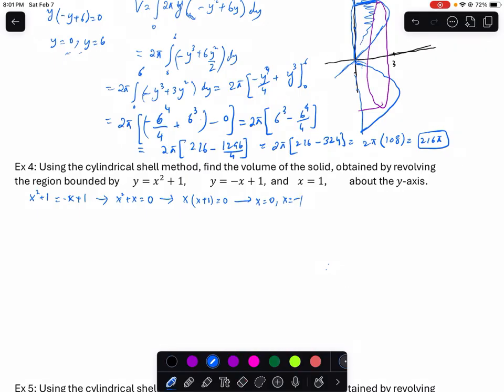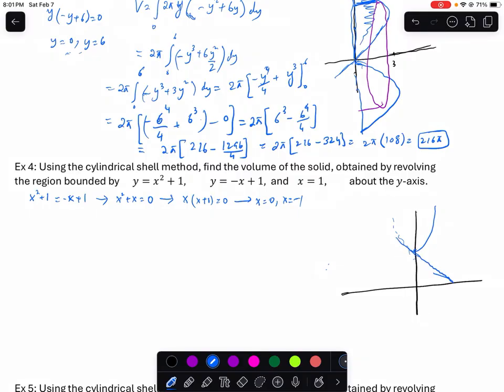Okay, let me first draw the graphs. y is equal to x squared plus 1 will be a parabola like this. Then y is equal to negative x plus 1 will be the line going like that.